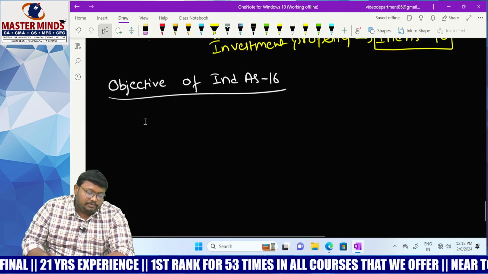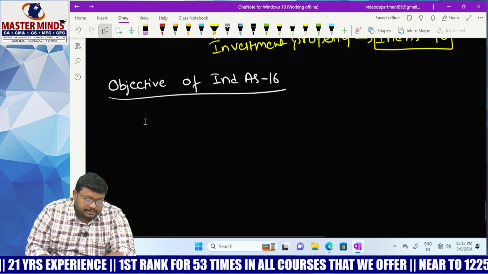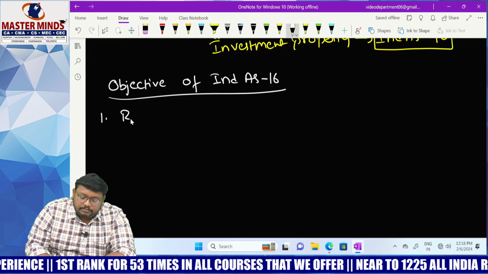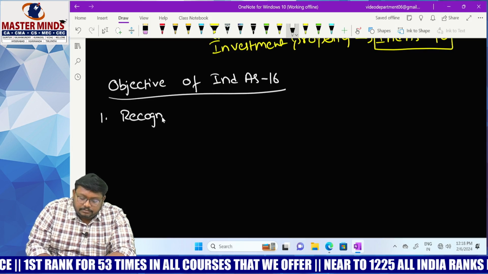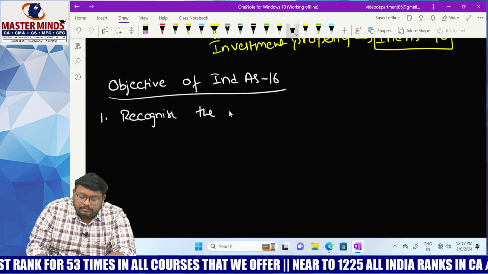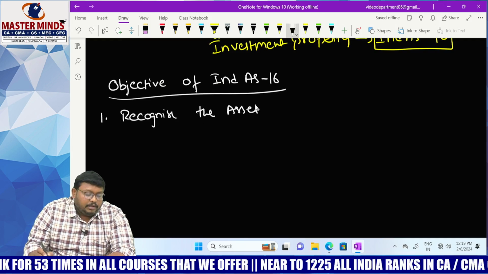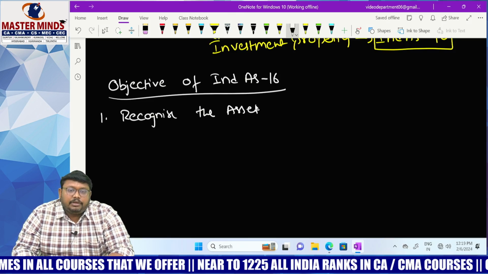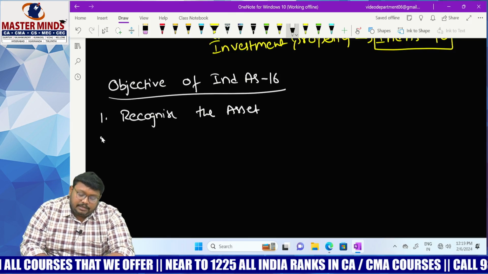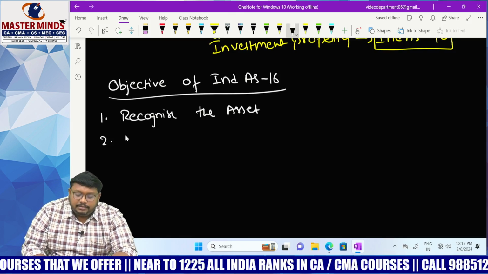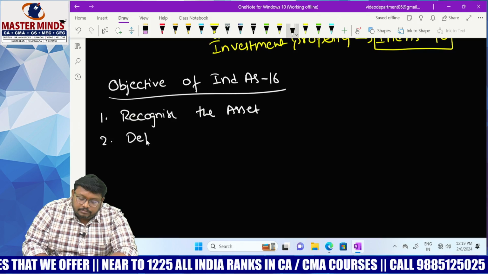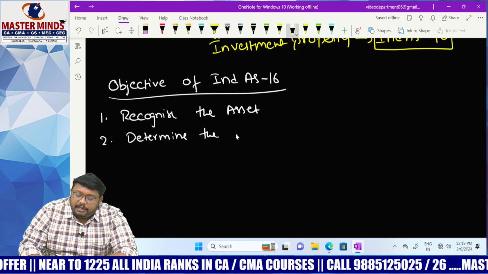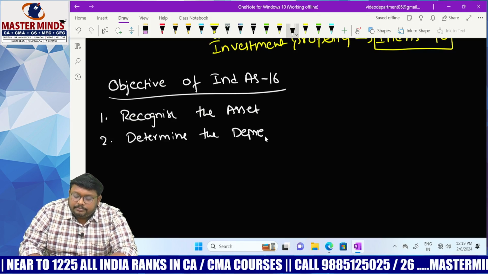First of all, you have to identify or recognize the asset. So which one comes under Ind AS 16? You have to recognize the asset first. Next, you have to determine the depreciation charges.